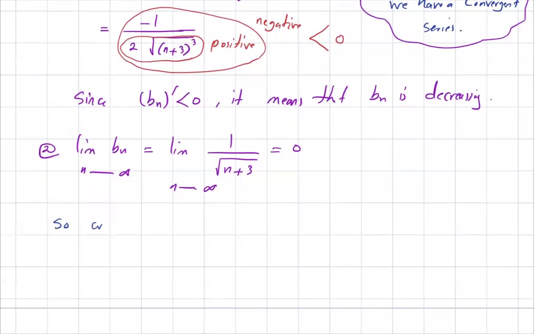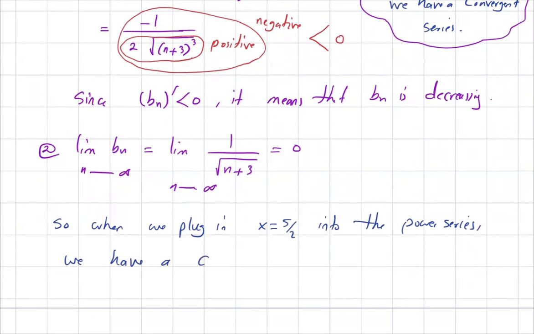So when we plug in x equal to 5 over 2 into the power series, we have a convergent alternating series.